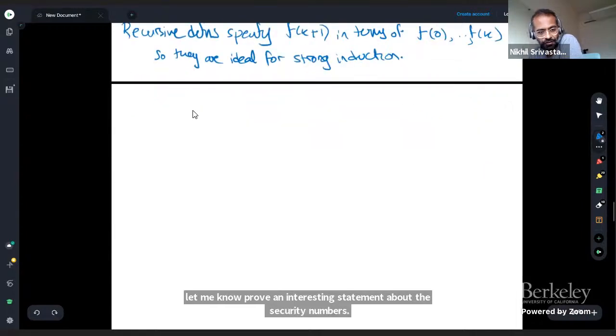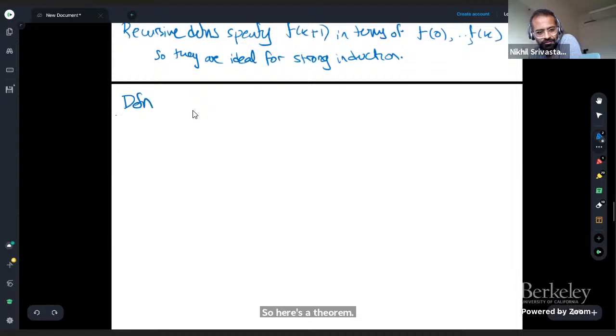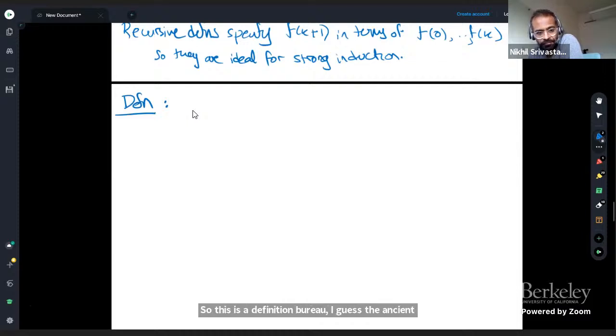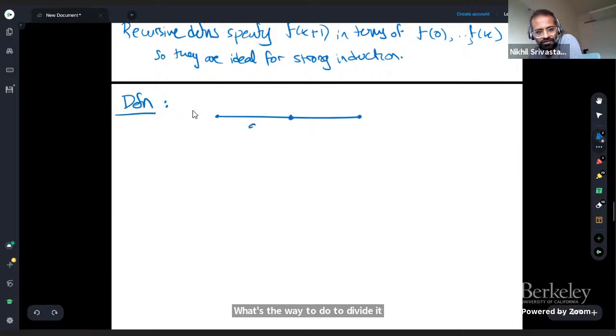So here's a theorem. Well, okay, here's a definition. So this is a definition due to, I guess, the ancient Greeks. So you can ask, if you have a line segment, what's the way to divide it into two parts, A and B?